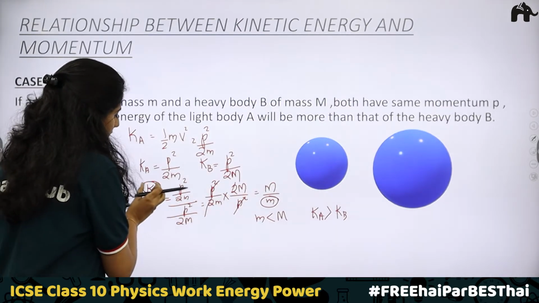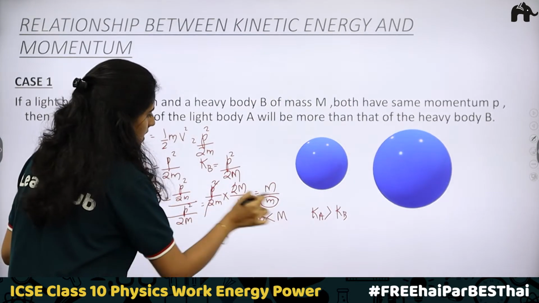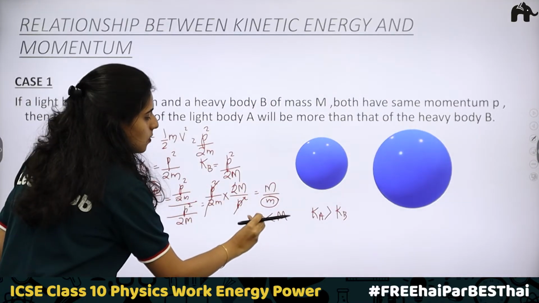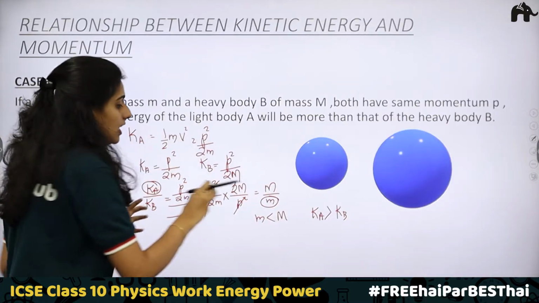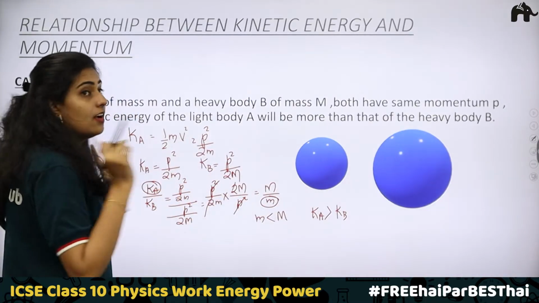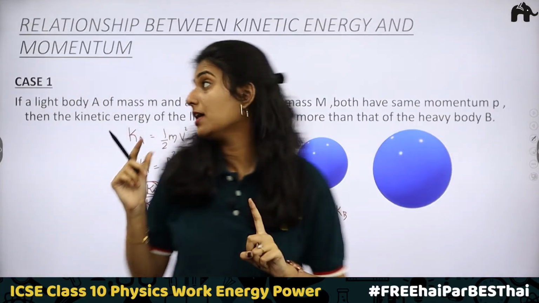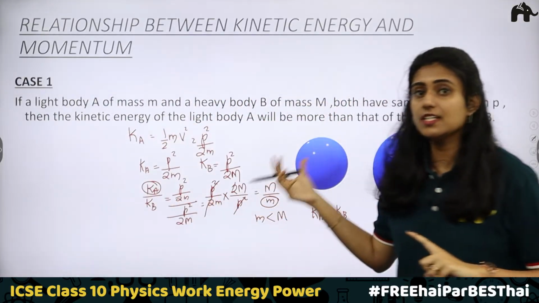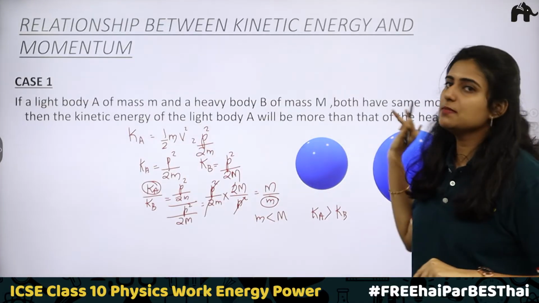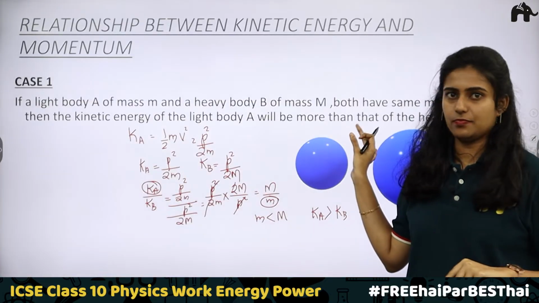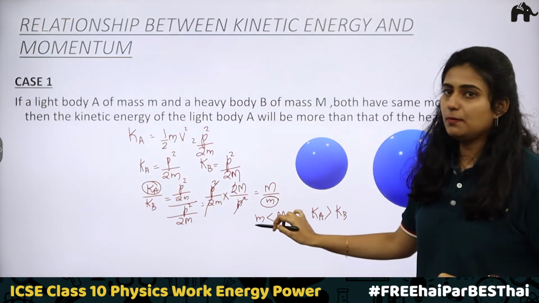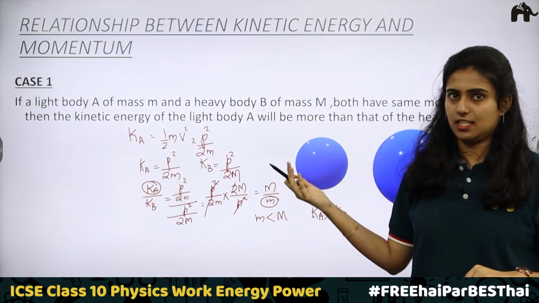Ka is the kinetic energy, that is you can see a cross relation or inverse relation. Therefore, the smaller body or the body of lighter weight will be having greater kinetic energy only when momentum P is a constant, not in other case. Okay. Here given that momentum is a constant, you have to consider that. When momentum is a constant, then the lighter body will be having greater kinetic energy.